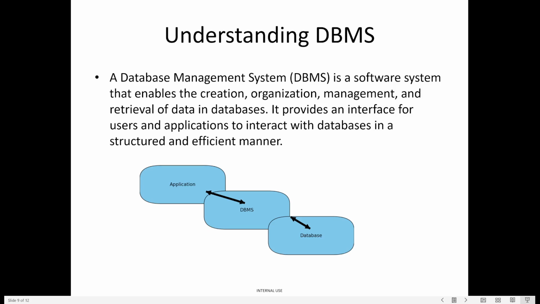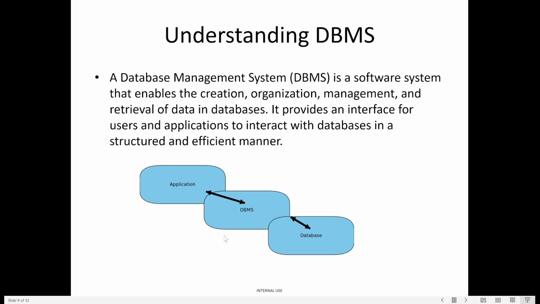To better understand, let's take a look at this diagram illustrating the interaction between application, DBMS, and database. And let us consider a flight booking scenario to have a better understanding of the interaction between these three.